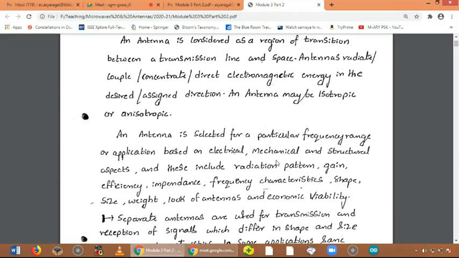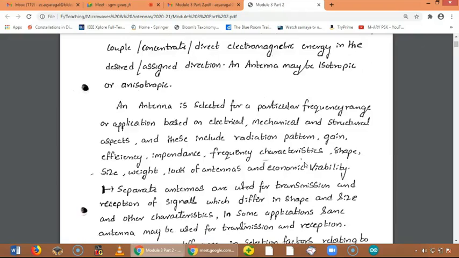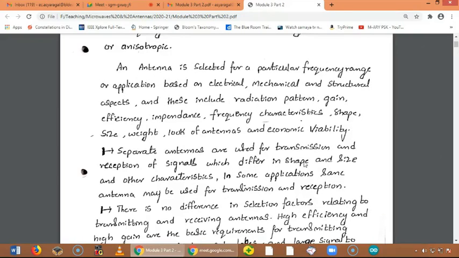How exactly will the antenna be selected? Based on the application that we are going to operate, or based on the frequency range we need, or based on the electrical or mechanical and structural aspects. Based on that, a particular antenna will be selected.